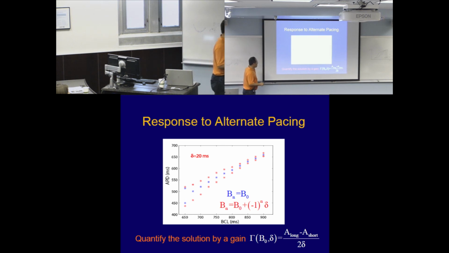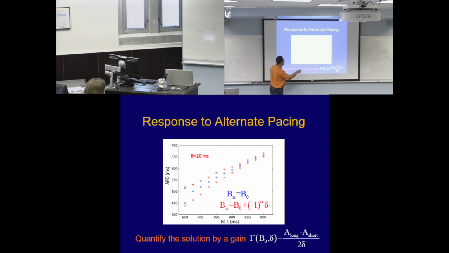Now the blue dots show the response in the regular constant pacing experiment. You see a bifurcation to alternans. Then the red dots show alternate pacing at this 850.